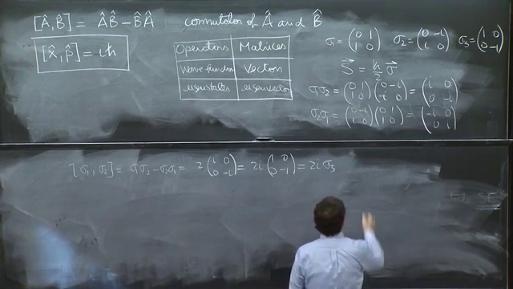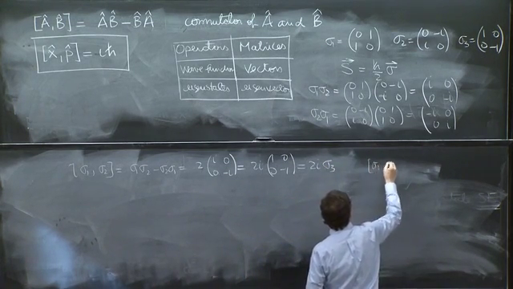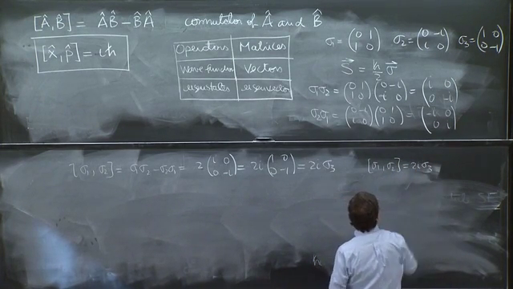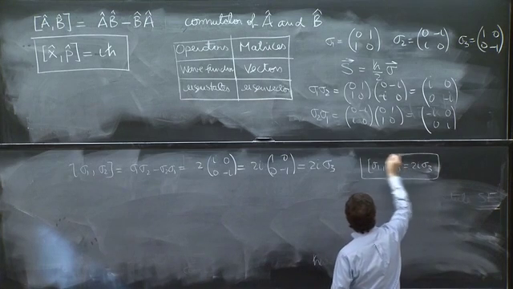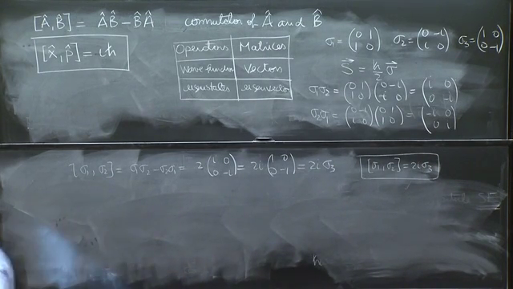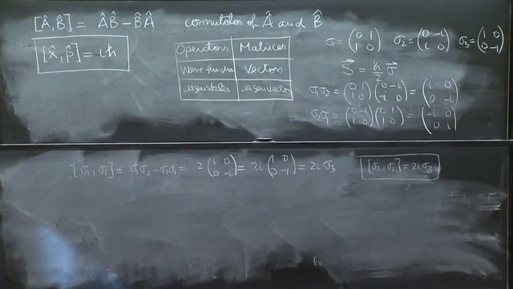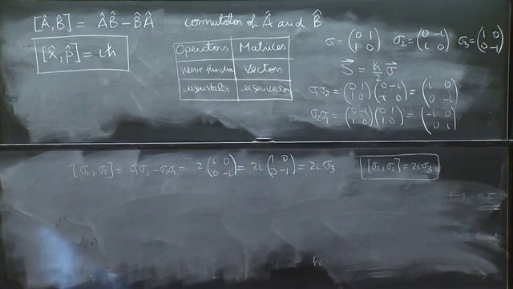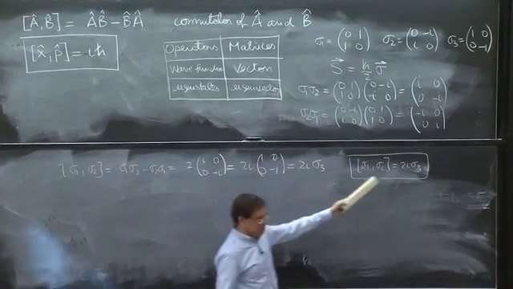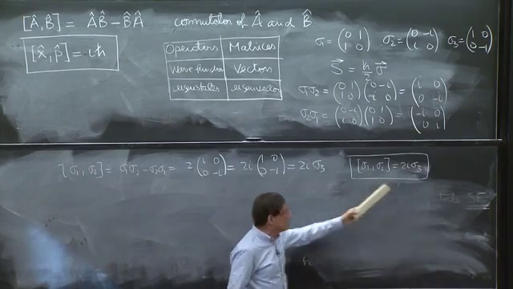So the commutator of sigma 1 and sigma 2 is equal to 2i sigma 3. These matrices talk to each other. And you would say, OK, these matrices commute to give you this matrix.